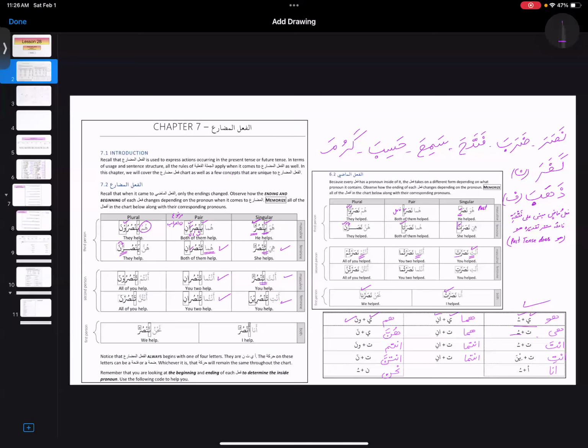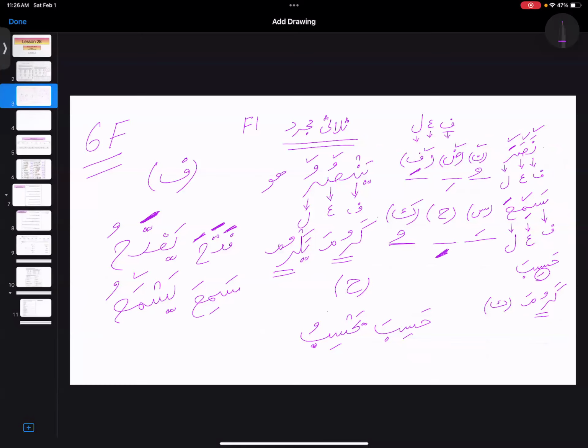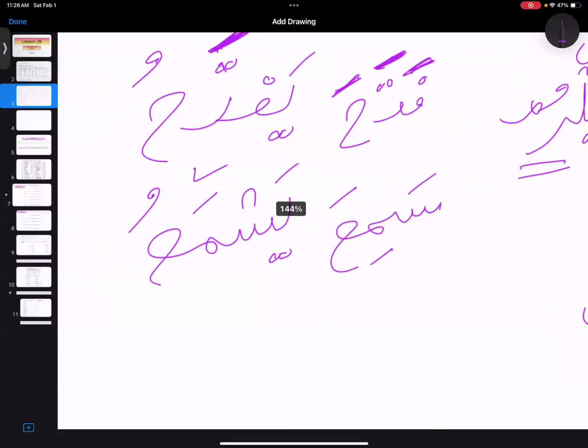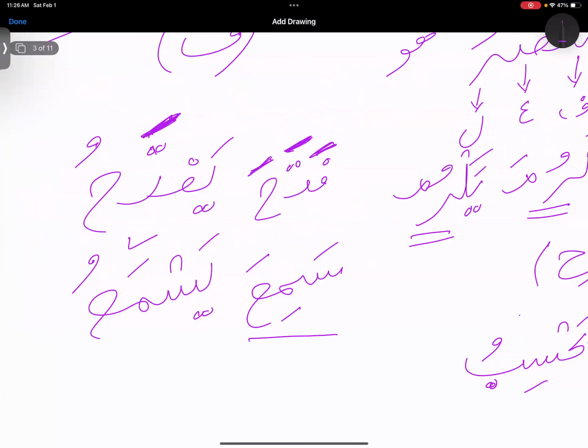Somebody was asking why Kafiruna, why Yansuruni, the Mudari middle root letter changing according to the bab, because you already showed it for the Madi. Like the Nasara chart, Daraba, the lam kalima will take kasra.